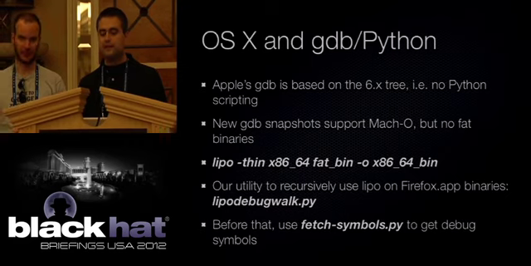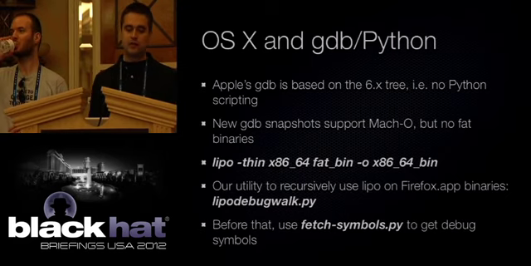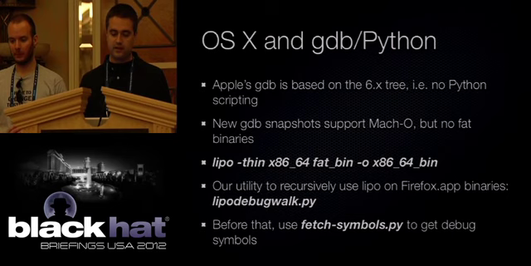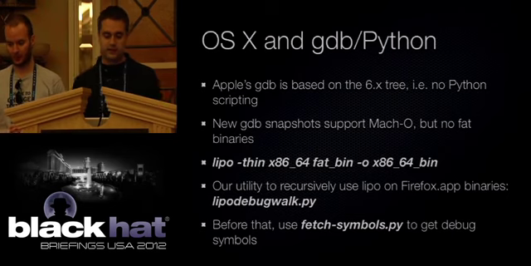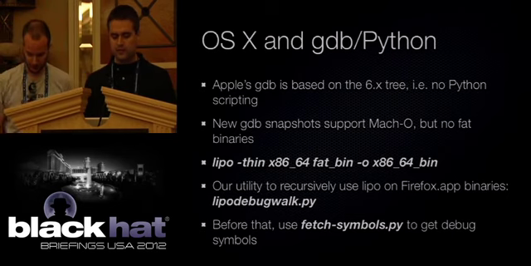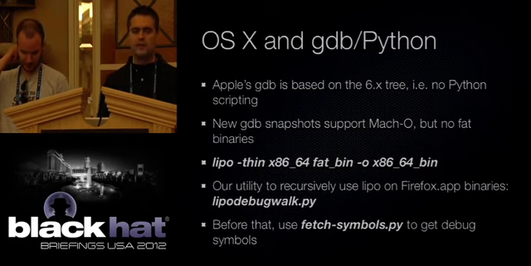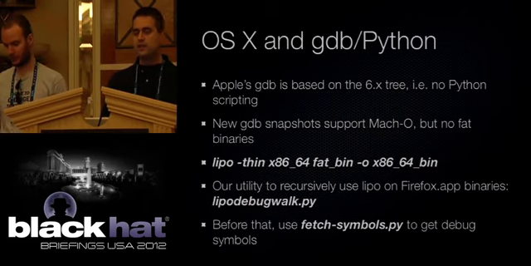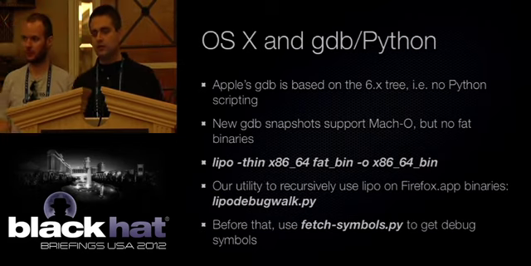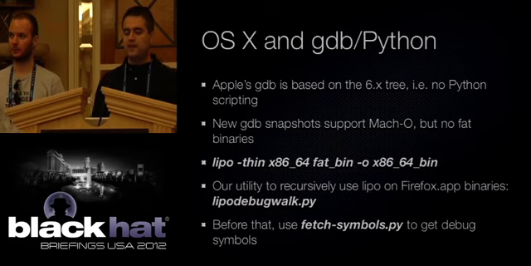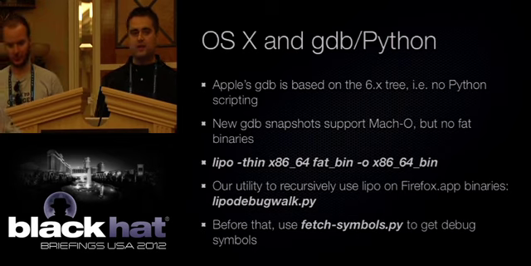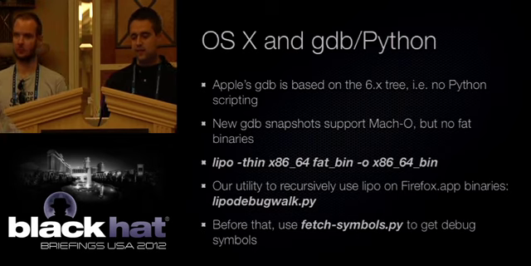And we really needed Python scripting because that allowed us a lot more flexibility in developing the exploit development tool. So we decided to take a newer GDB snapshot and compile it on Mac OS X. A newer GDB snapshot has support for the Mac binary, but this GDB version cannot load fat binaries.